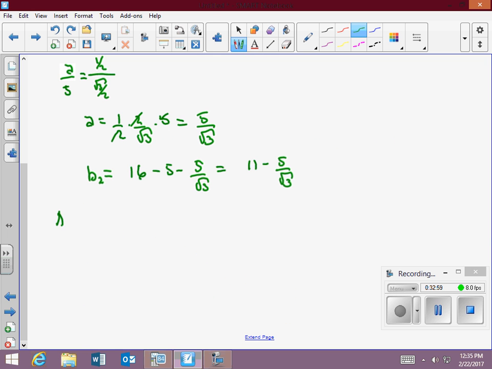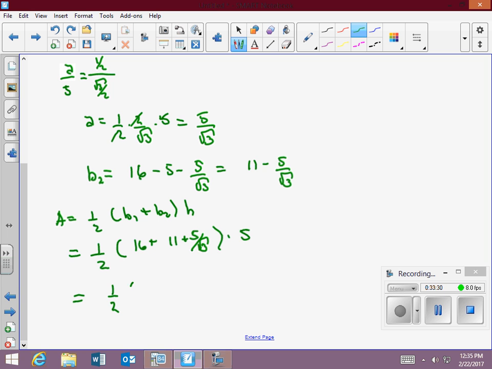So then your area is 1/2 base 1 plus base 2 times the height. Let's see, what did I call this one? 16 plus 11 plus 5 square root of 3 times the height, which was 5, right? Is it 11 or 11 minus 5?